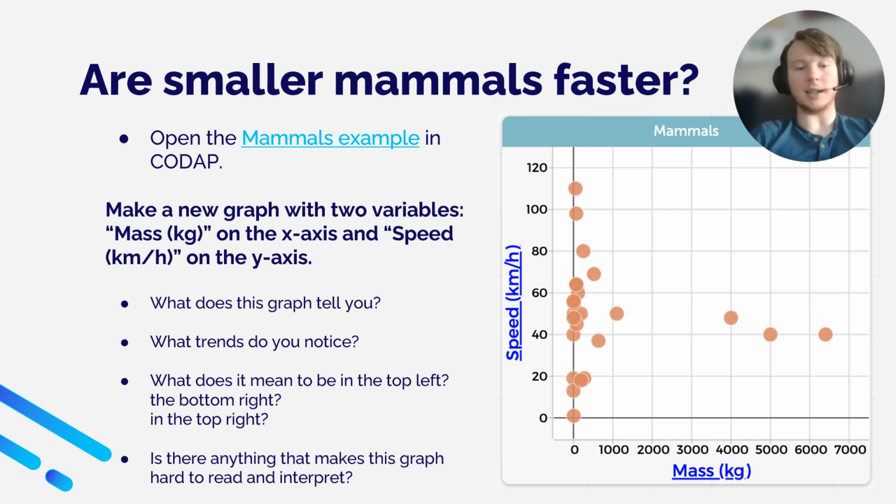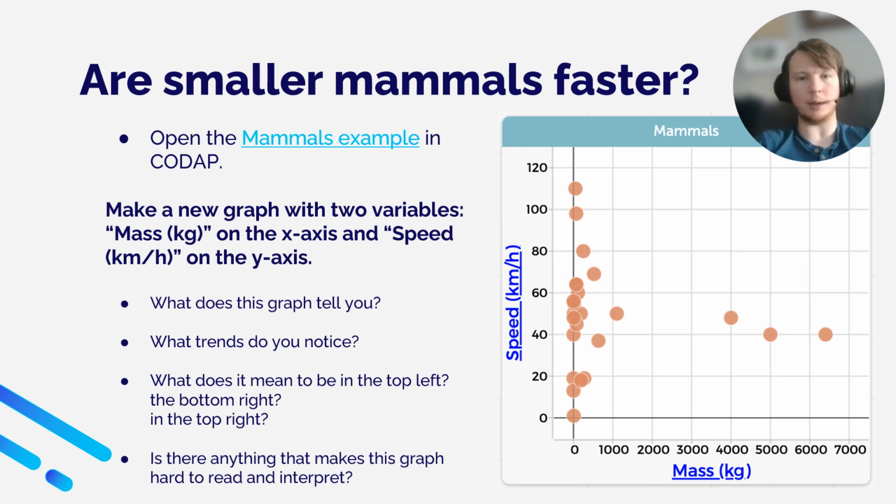From our dot plot example, we're going to move on to a scatter plot. In this graph, we want two variables, mass on the x-axis and speed on the y-axis. We asked students a couple questions similar to the last slide about this graph.